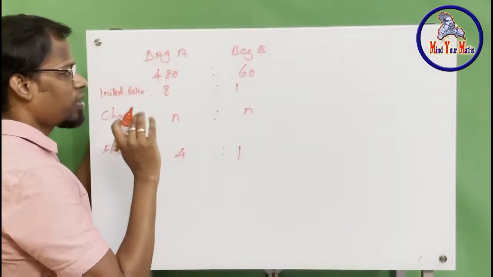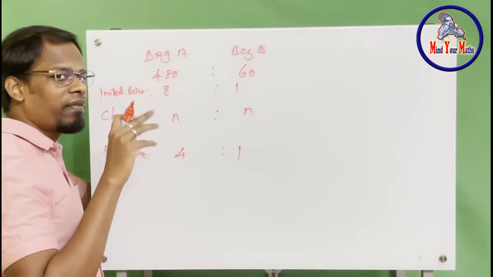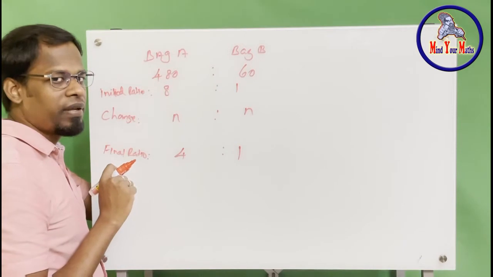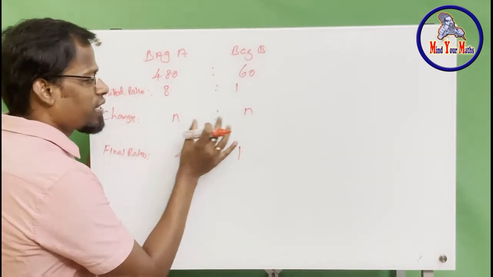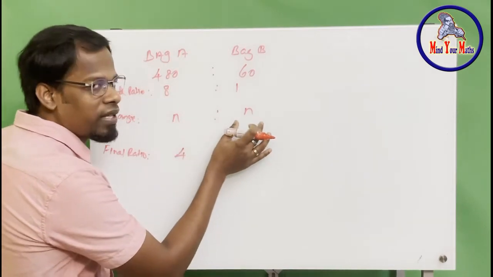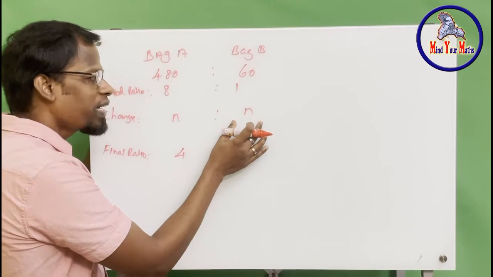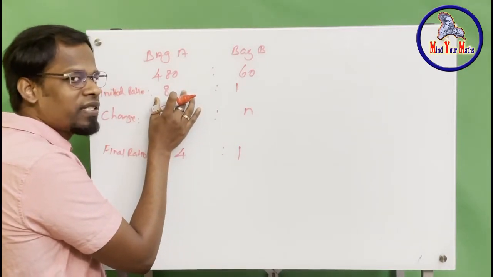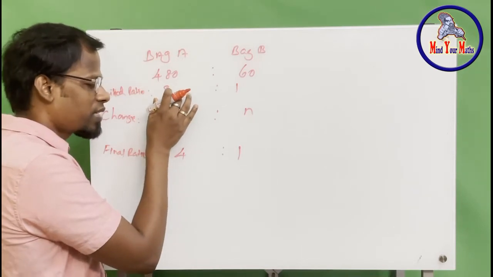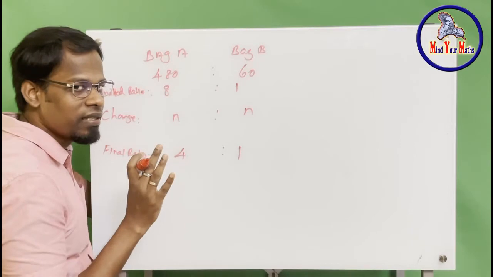Now I'll give you another clue. I have also talked about this in previous videos: a constant number is added on both sides. What it means is that the difference in the number of marbles at first and at the end will always be the same.